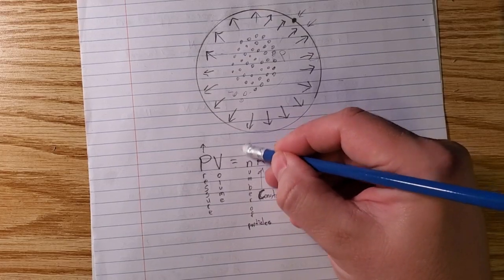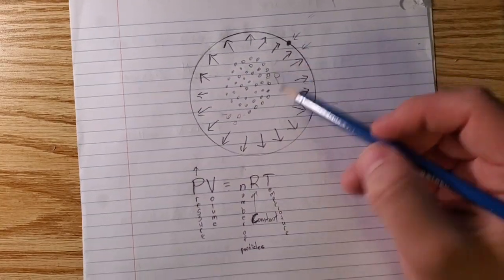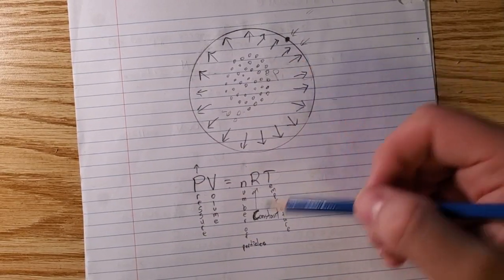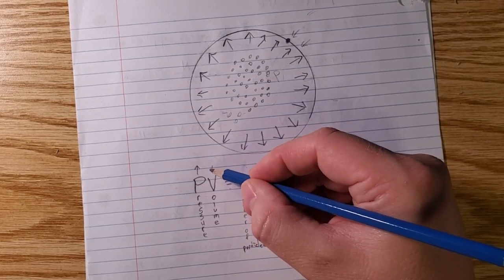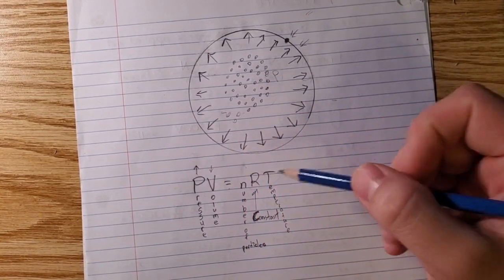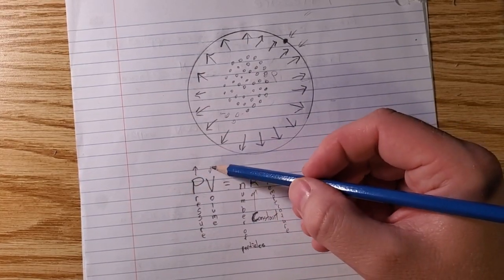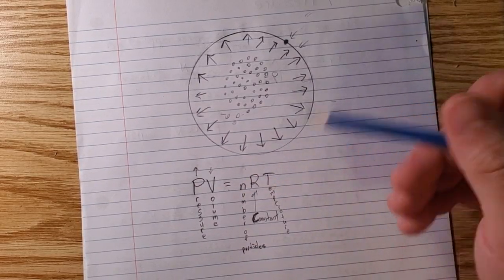But if you don't put in more particles, so you close the system, not more particles are going into the ball, let's say, but you want the pressure to go up, this thing it's multiplying by has to become less. Okay, so on the same side of the equation, if one thing increases, the other has to become less if the other side is staying the same.